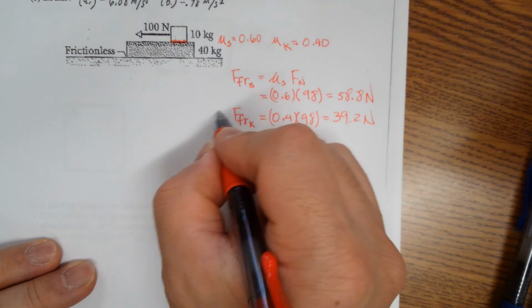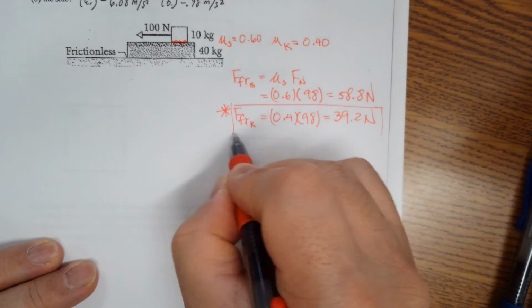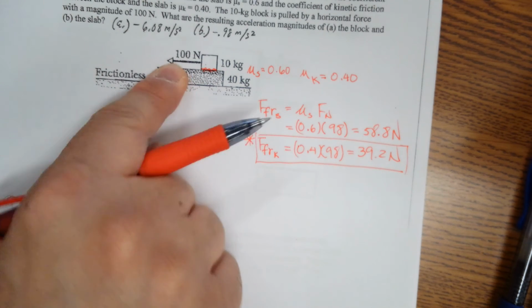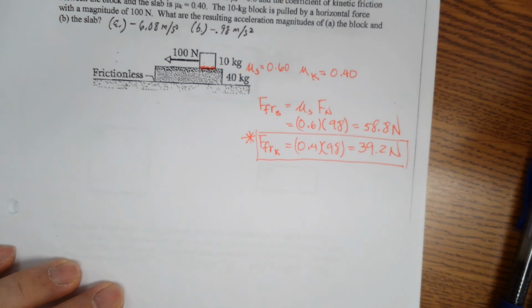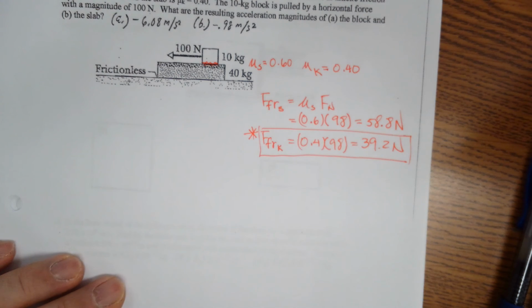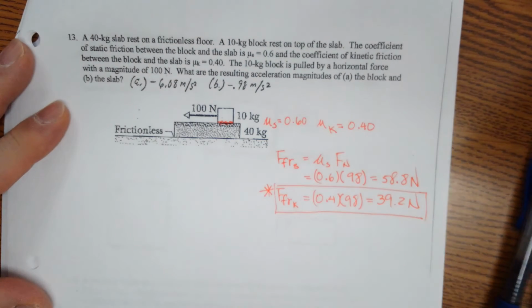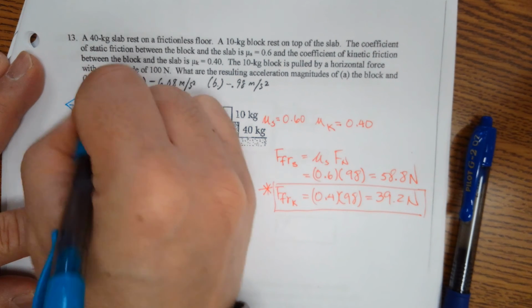So we must use the kinetic friction instead of static friction because 100 newtons is too big to keep it static. All right? So what's going on? Well, I'm going to consider this direction to be positive, because this is the direction of motion. I'm going to keep that direction positive.